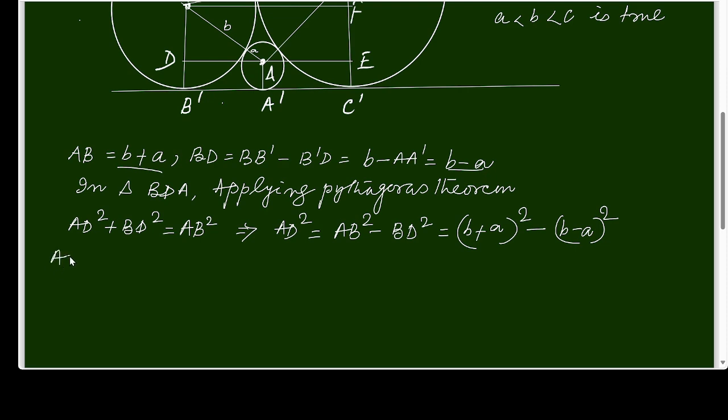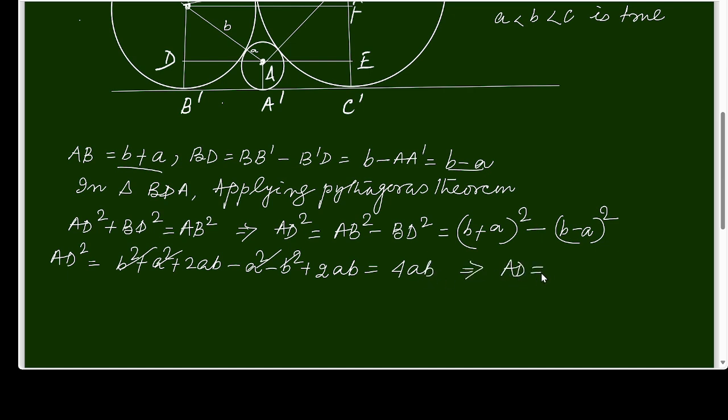So A'D square equals b square plus a square plus twice ab, minus a square minus b square plus twice ab, which is 4 times ab. This gives me A'D equals 2 square root ab.